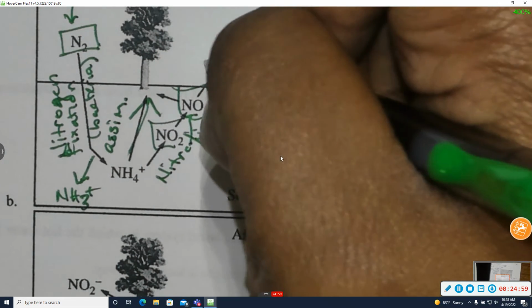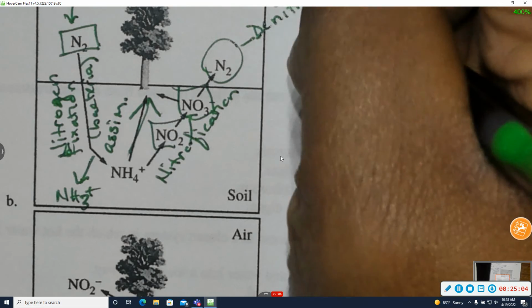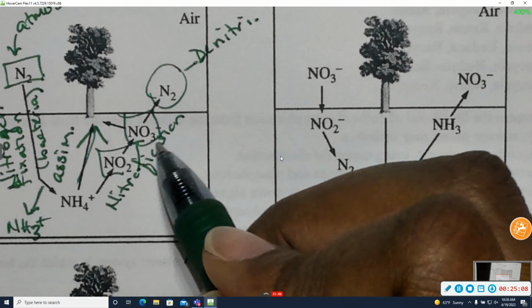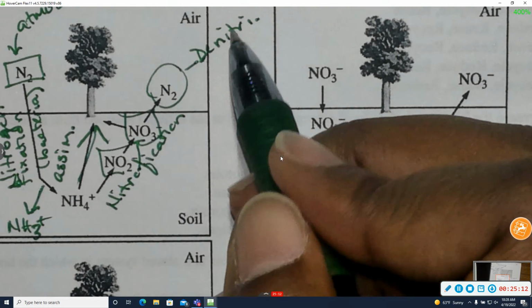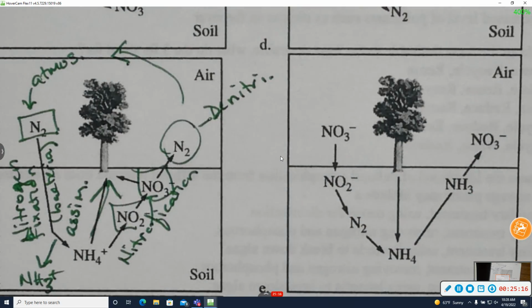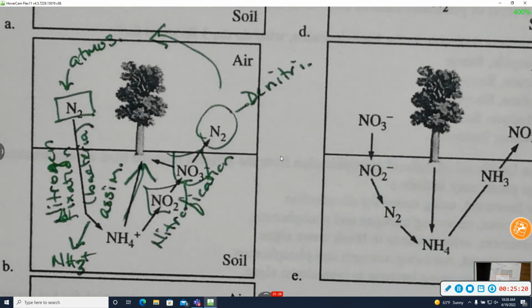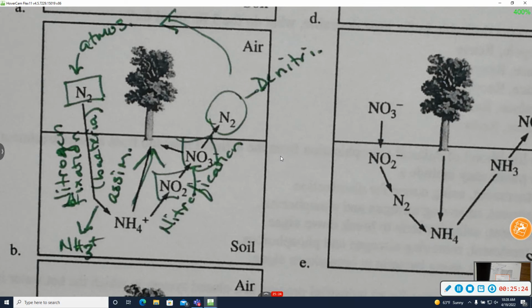And then you have denitrification right here. Denitrification is when that nitrate or nitrite is converted back into atmospheric nitrogen, all to start the process all over again. You should definitely have this written down, it's not real hard to remember. So that was the answer. It was B.